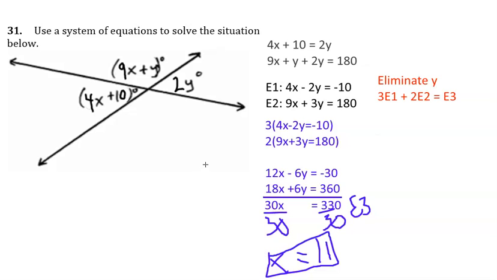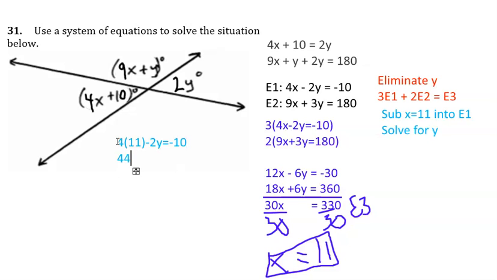From there, we'll plug that back in to get y. Let's just plug it into equation 1. So we'll plug in our x for the equation. We have 4 times 11 minus 2y equals negative 10.